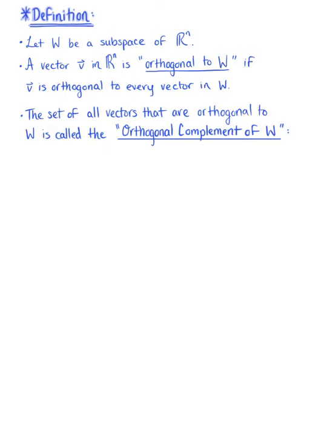So here's our formal definition for an orthogonal complement. We want to let W be a subspace of Rn. And we say that a vector V in Rn is orthogonal to subspace W if vector V is orthogonal to every vector in subspace W. Now, the set of all vectors that are orthogonal to subspace W is called the orthogonal complement of W. And we denote this as W raised to that perpendicular symbol, which we pronounce as W perp.